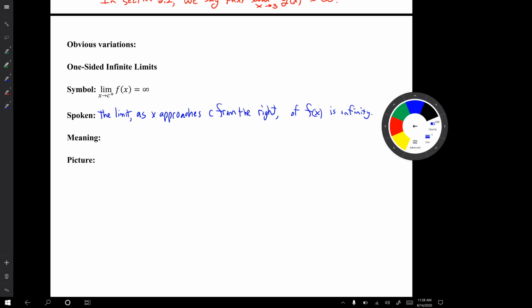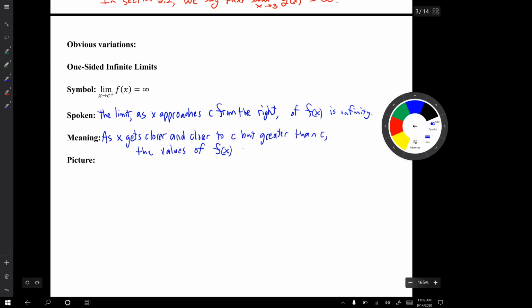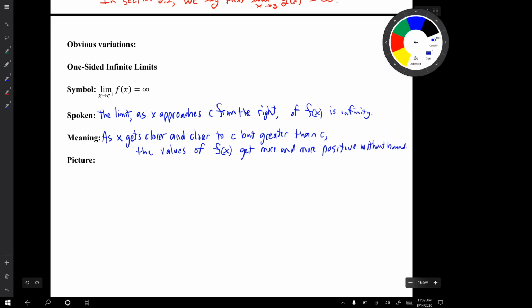As x gets closer and closer to c, but greater than c, the values of f of x get more and more positive without bound. And a picture of that would be a vertical asymptote with the graph going up along the right side of the asymptote.